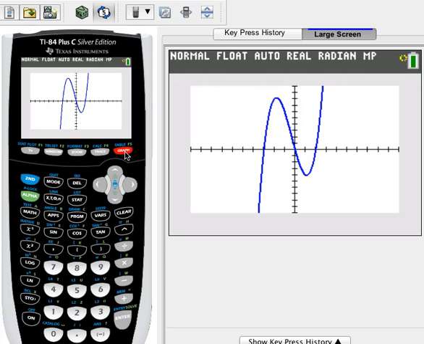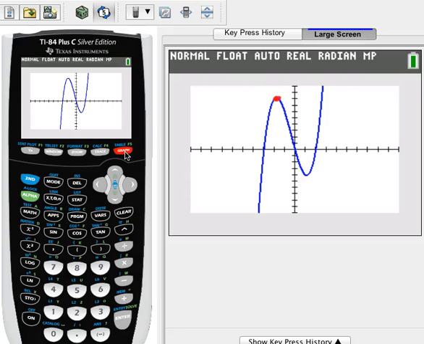All right, so here's my graph. Now this time I notice I have a maximum and a minimum. So this is a cubic function, and it actually has both a maximum and a minimum. So I'm going to have two separate calculations to do here, okay?